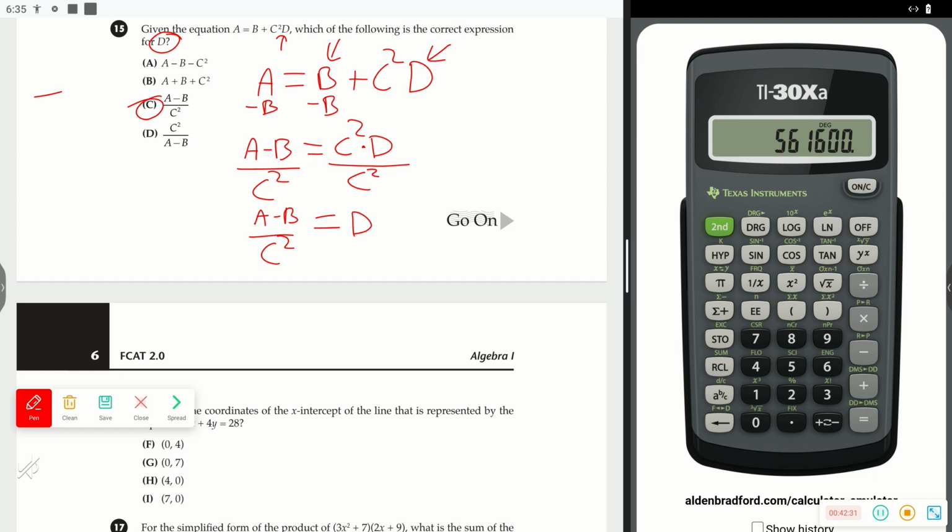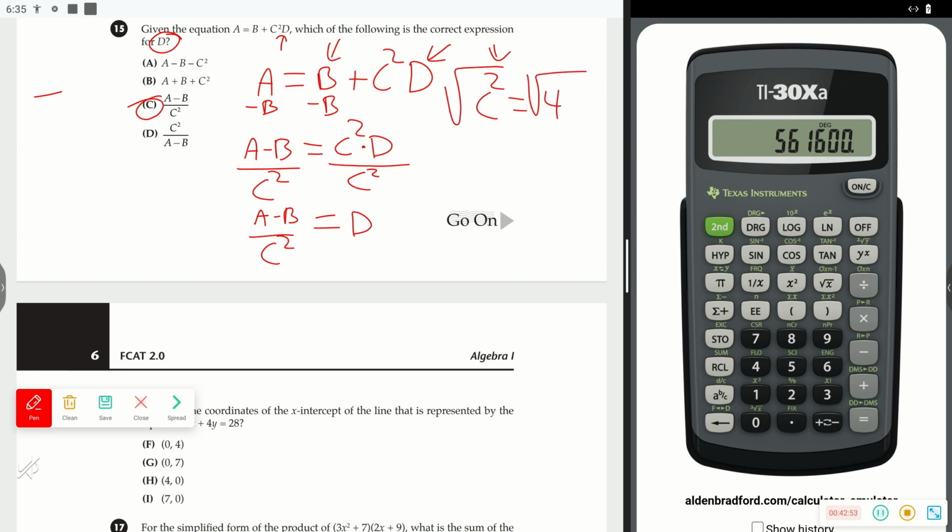Now some people get a little bit confused because sometimes there'll be a square root in one of the possible answers and they'll pick that. In this case, none of them need a square root. But just so you know, if we had something like c squared equals 4 and we were solving for c, to get rid of an exponent, you would do the square root of both sides.